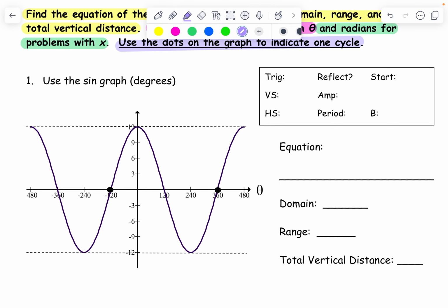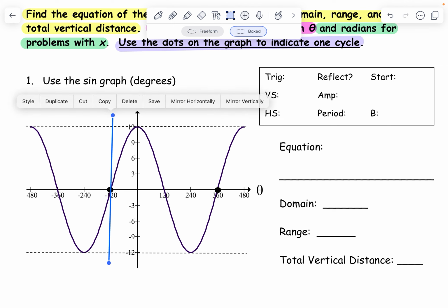It says use the sine graph in degrees. So that's nice that they told us this was a sine graph. Sometimes they don't let you know. If they don't tell you, what you would need to do is find the starting point. So far we've been given these vertical lines, but we're not always given those lines.